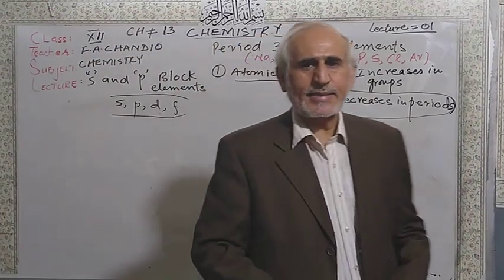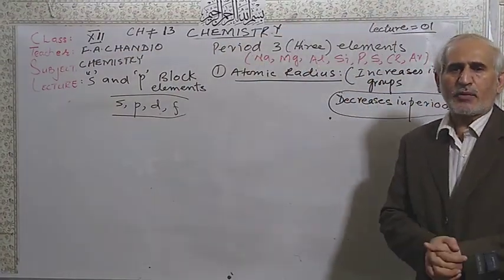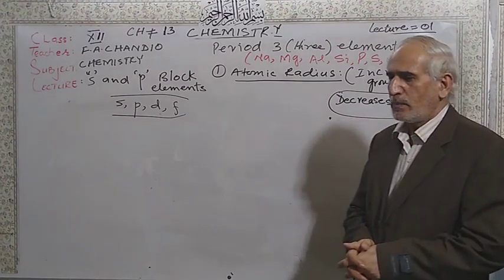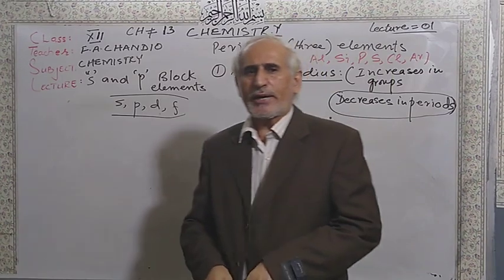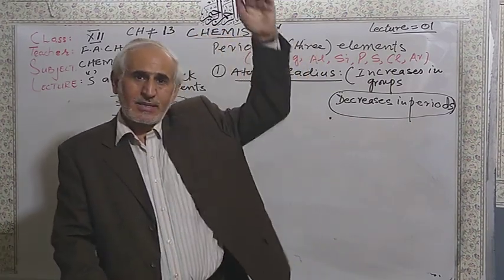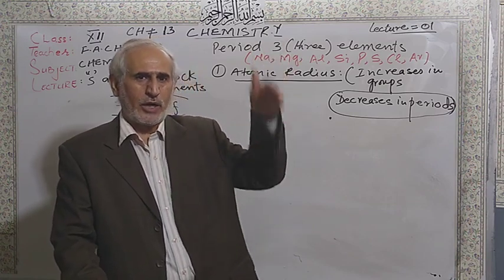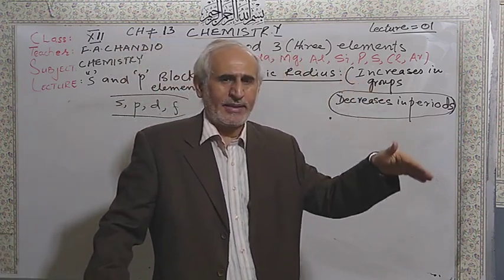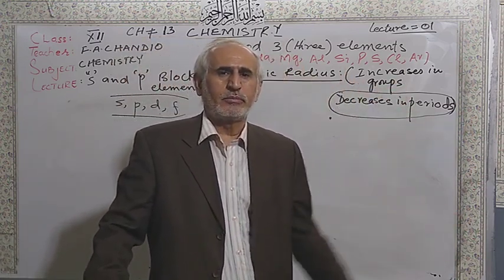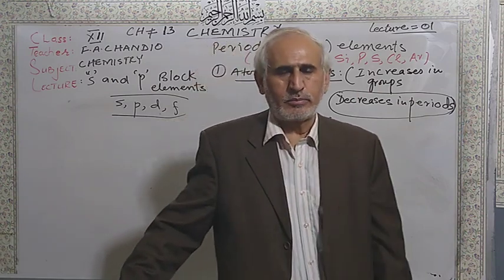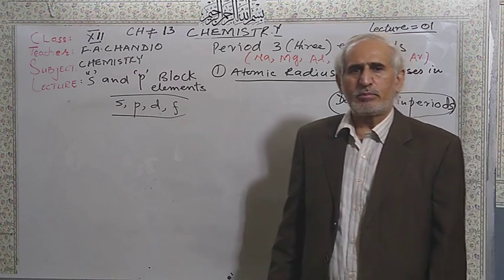Atomic radius, atomic size of atoms in the periodic table generally increases from top to bottom in the groups as we go down: hydrogen, lithium, sodium, potassium; group 2, beryllium, magnesium, calcium, strontium, barium.